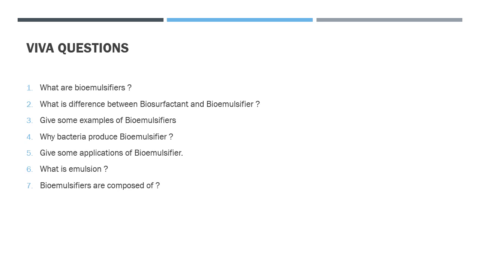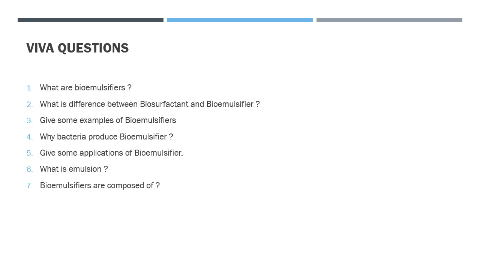Then fourth is, why do bacteria produce bioemulsifiers. You can answer it as, when microbes are supplied with water immiscible nutrients, to get access to those nutrients, if they act as a carbon source, they need to emulsify these nutrients.